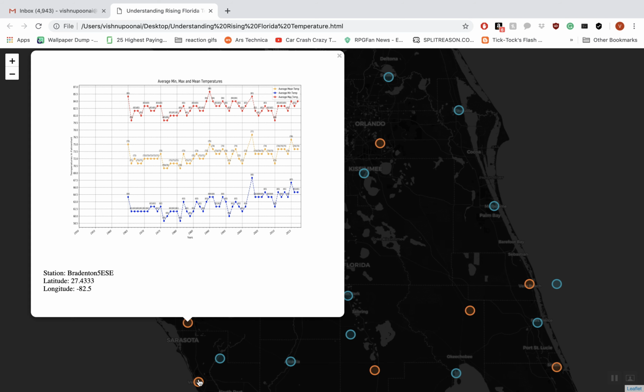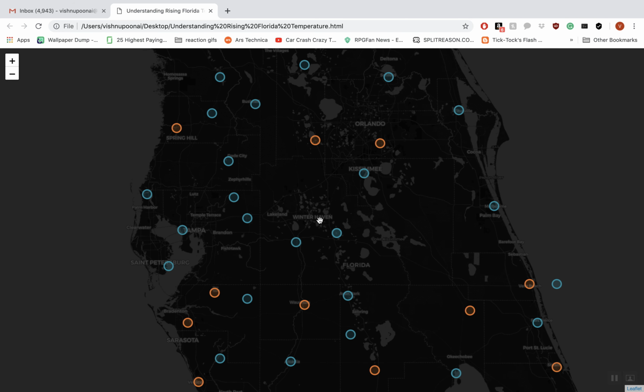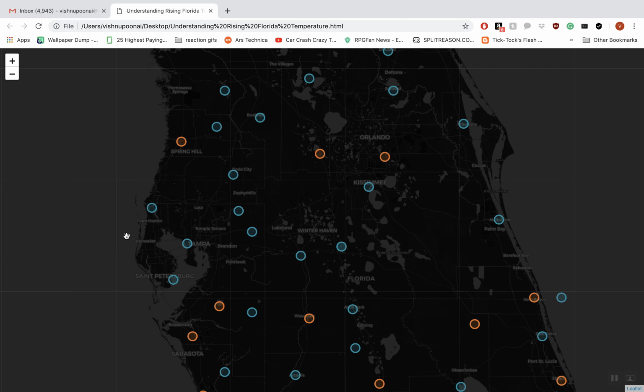And if I go to one here, it changes dynamically. So that is one way of representing this data in a very easy and accessible way.